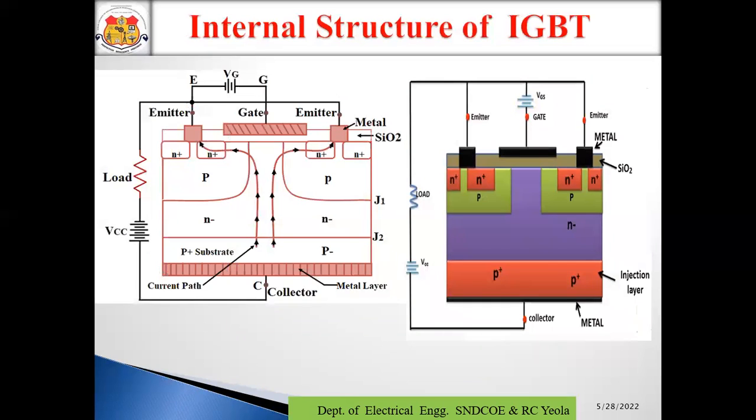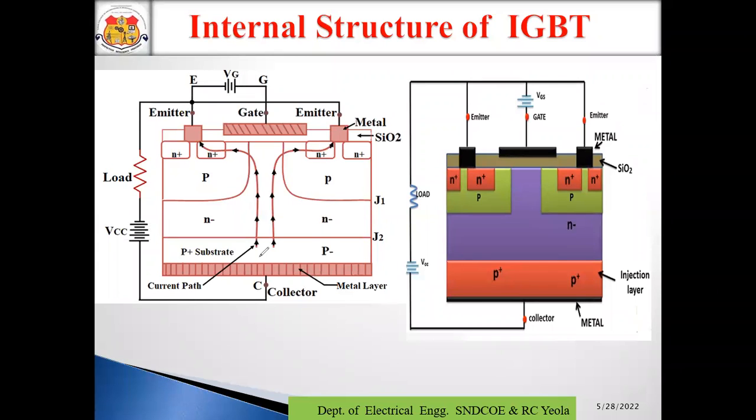Now we are going to discuss how to understand the structure of the IGBT, its working principle, how it works, and which path the current flows through. As you see in this diagram, this is the internal structure of the IGBT.